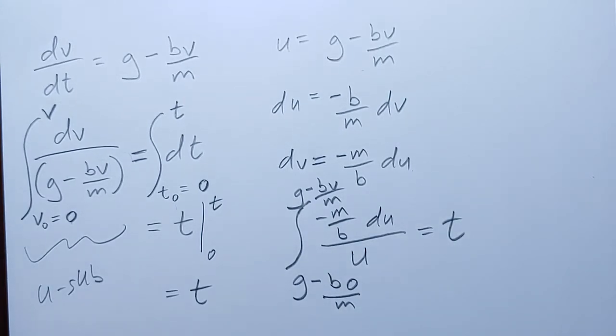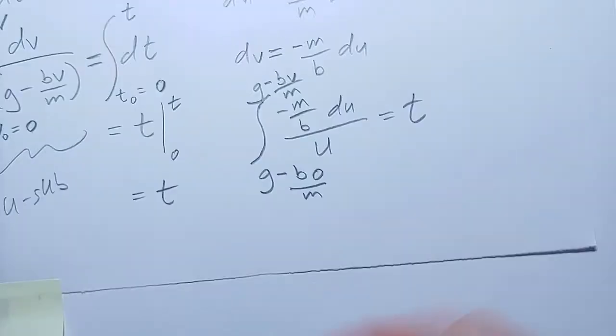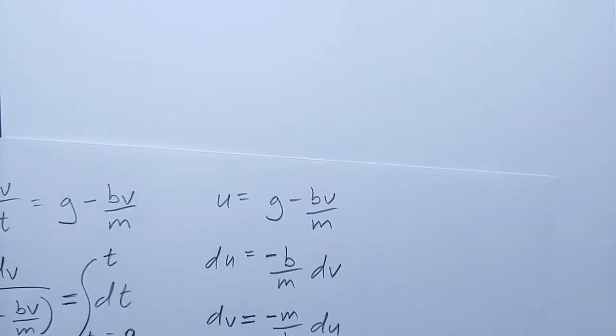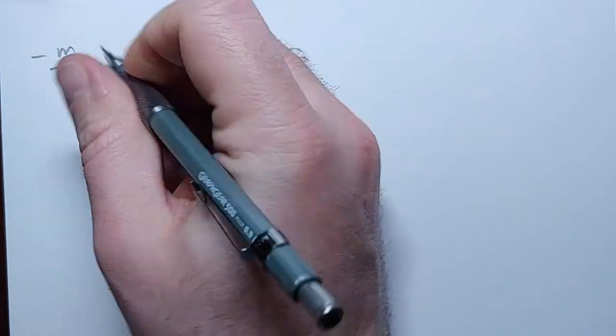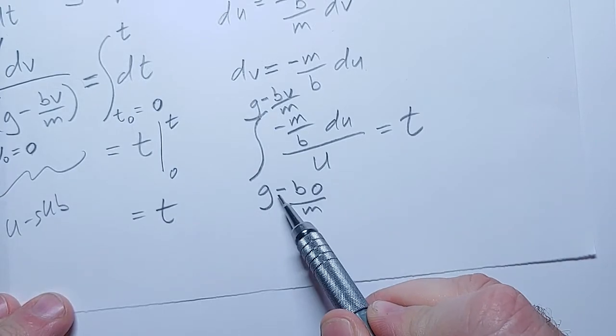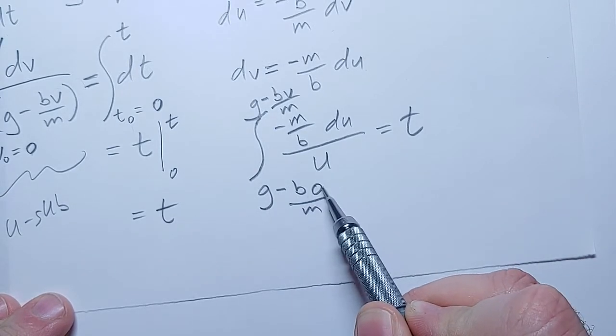And so let's clean that up a little bit. I can move my constant out to the front, my m over b. So we're going to have negative m over b integral. So g minus b times 0, well, b times 0 is 0.